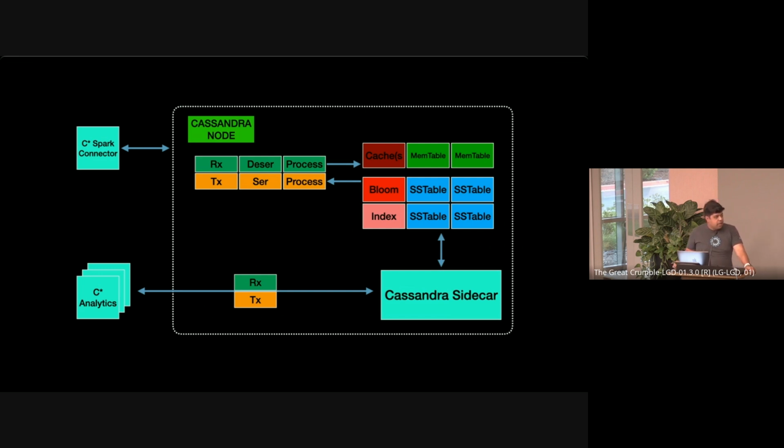As a consequence, the only cost that you're paying here is just the cost of the network to stream the SSTables in and out of the host. And you can imagine all of the cost of deserializing that data and creating a view is actually moved.